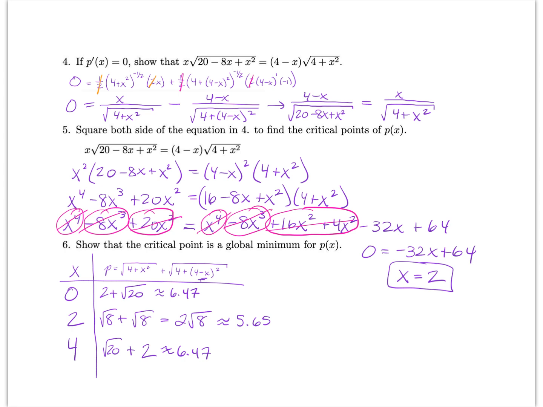Okay, so that means that this is the minimum amount of pipe that I will need to build the pipeline. So minimum pipeline length is approximately 5.65, and it happens when x is 2.